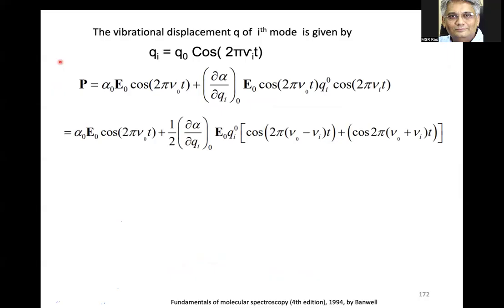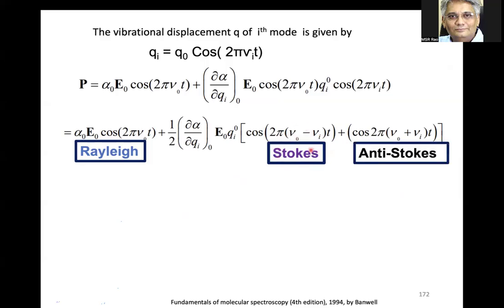Now the vibrational displacement Q of the ith mode is given by this equation, Qi is equal to Q naught cos 2 pi nu i t, and in the equation for the polarization, what we see is that this component is the Rayleigh scattering, that corresponds to the Stokes shift, and that corresponds to the anti-Stokes part of the process.